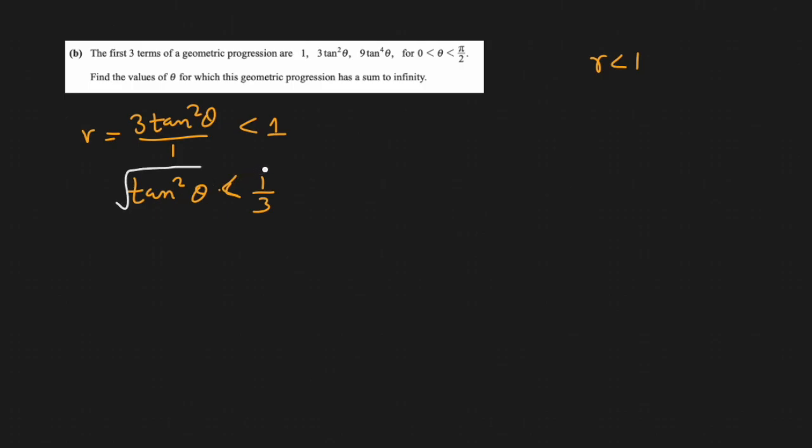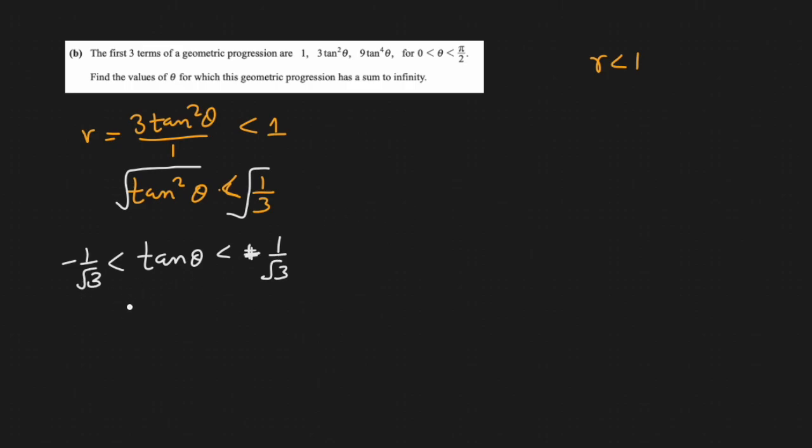So tan theta lies between minus 1 over square root 3 and plus 1 over square root 3. Just keep in mind that r cannot be 0. Though we have one negative and one positive, 0 cannot be there. We'll keep that in mind.